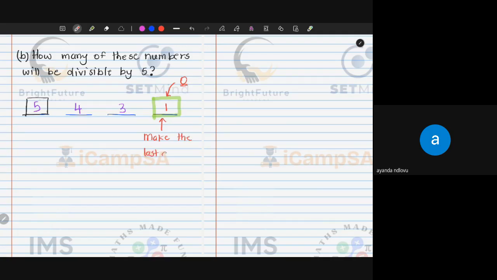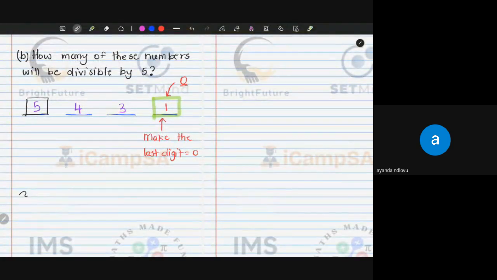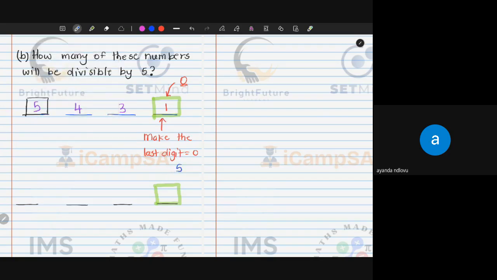We make the last digit equal to 0, then this is what we get. However, we know that there's another option also, equally so, where this last number can actually be 5. So what we are going to do is force it to be 5. And there's only one 5 to choose from. Agreed, guys?